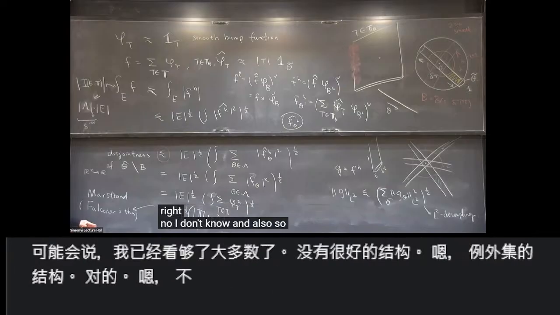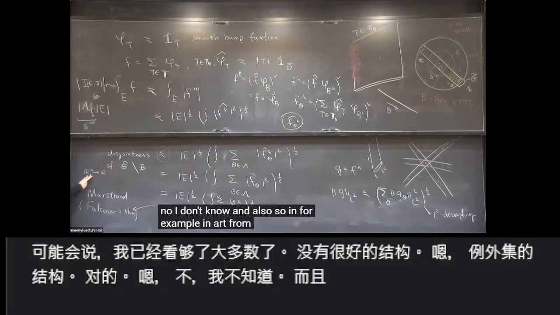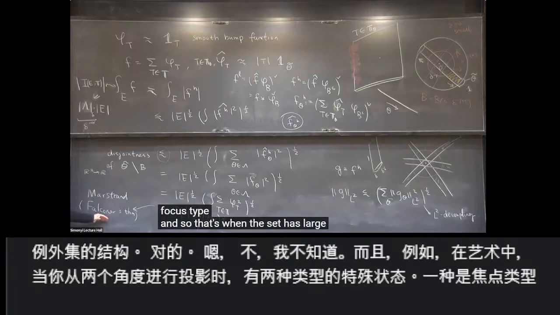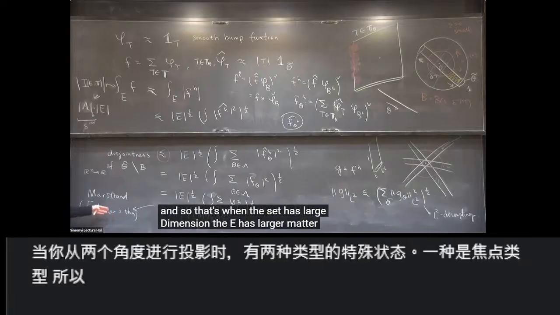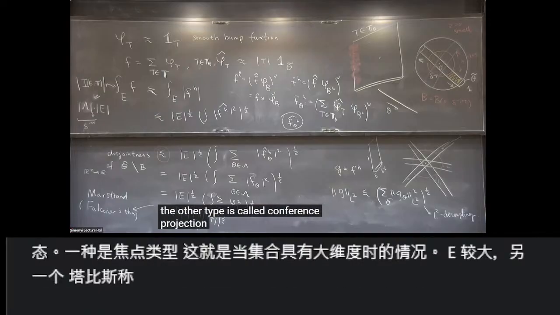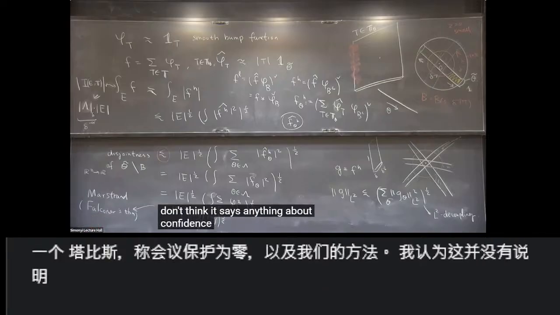Also, in R, when you do the projection from R2 to R, there are two types of exceptional set estimate. One is Orponen's type, when the set E has large dimension, and the other type is called Kaufman's projection theorem. Our methods, I don't think, say anything about Kaufman's projection theorem.